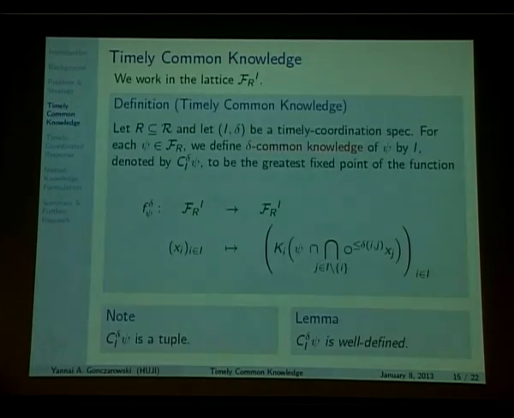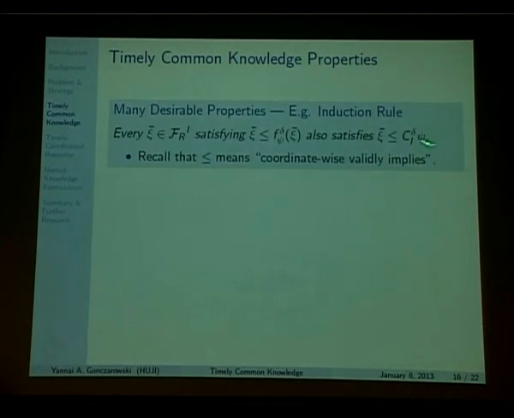Meaning that if you give me some tuple in which each coordinate implies the right side, then each coordinate also implies timely common knowledge of psi.